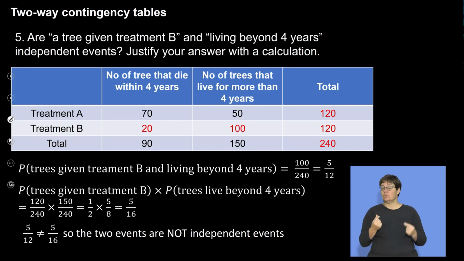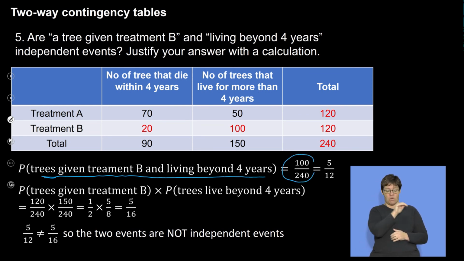So what you're going to do is this. The probability of a tree given treatment B and living beyond 4 years, we've calculated already. It was 100 over 240. Then the probability of a tree given treatment B, where's treatment B?